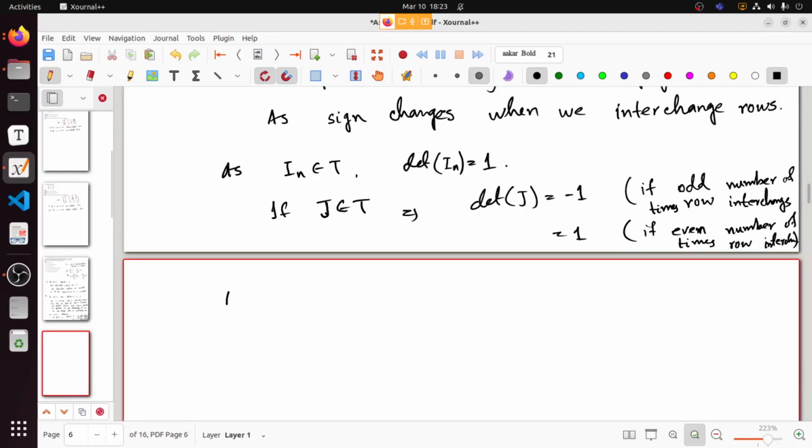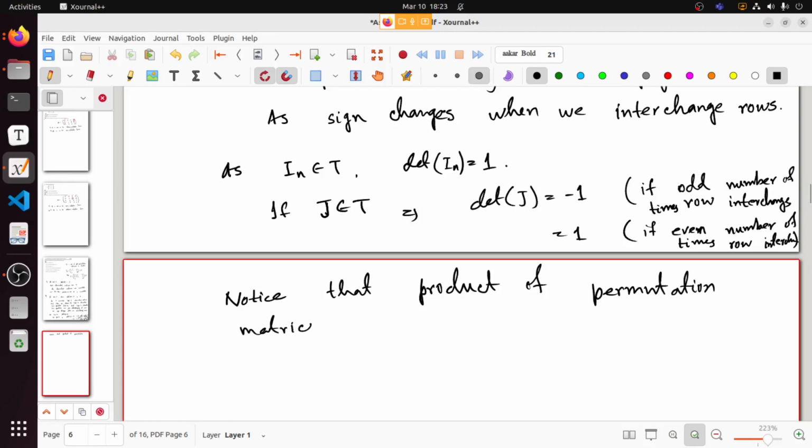And also notice one thing. Notice that the product of permutation matrices is again a permutation matrix.